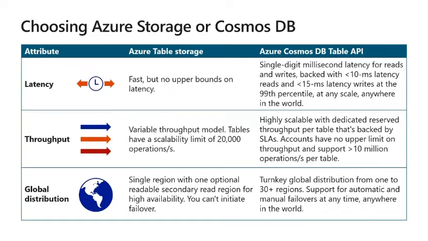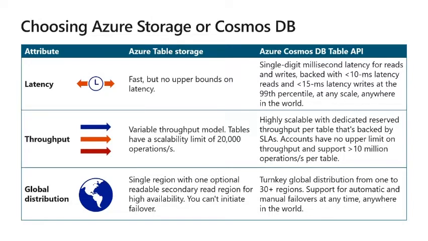Latency: fast, but no upper bounds on latency for Azure Table Storage, whereas for Azure Cosmos DB Table API, single-digit millisecond latency for reads and writes, backed with less than 10 millisecond latency reads and less than 15 millisecond latency writes at the 99th percentile, at any scale, anywhere in the world.